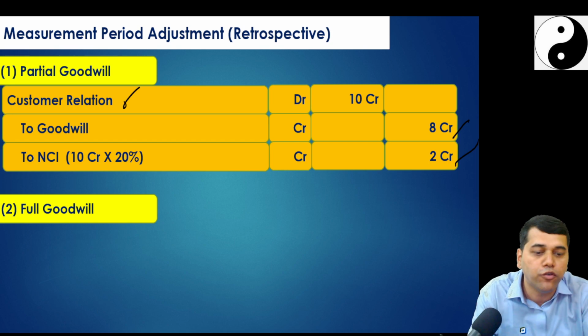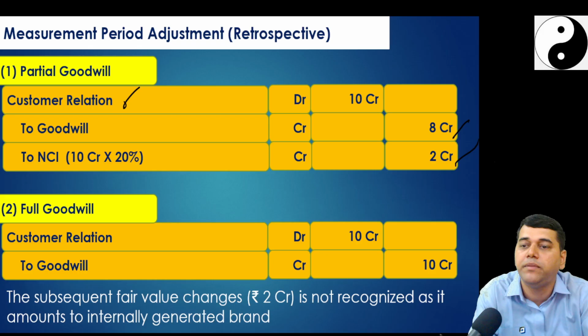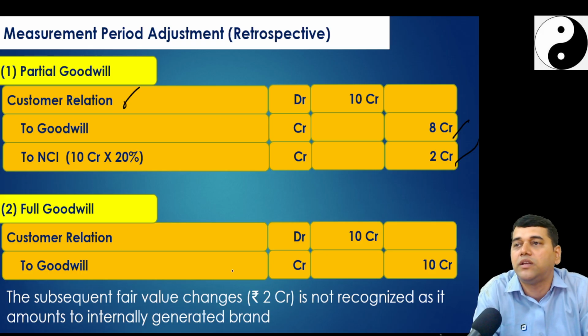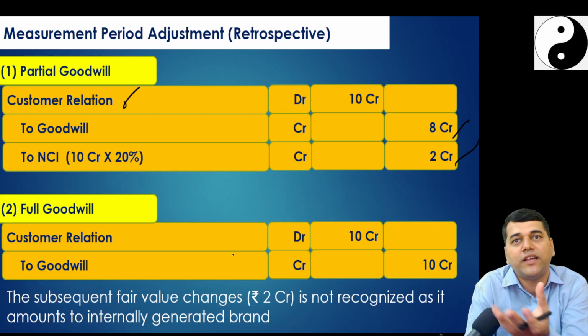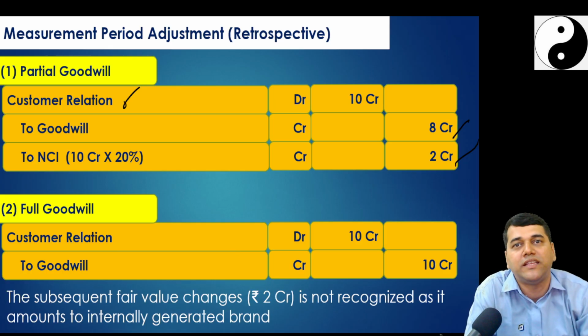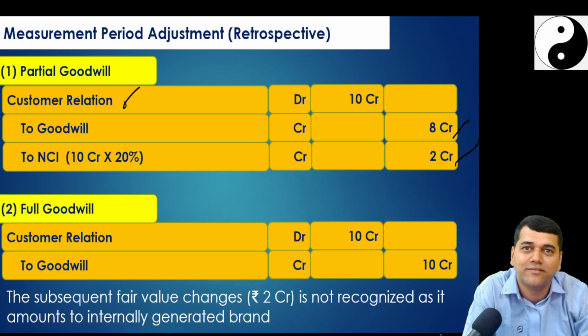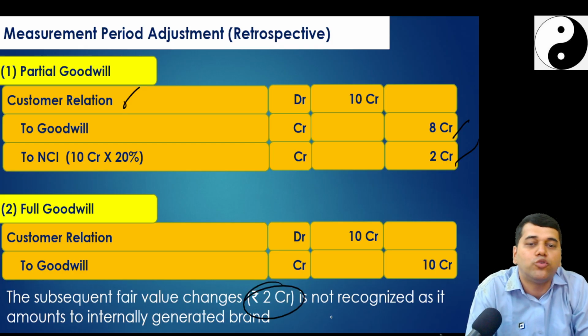If I would have followed the full goodwill method, my accounting entry will be customer relationship to goodwill. Why? Because the fair value of the net asset has no role to play in the valuation of the NCI. Understood? Everyone understood? And what about that additional 2 crore?